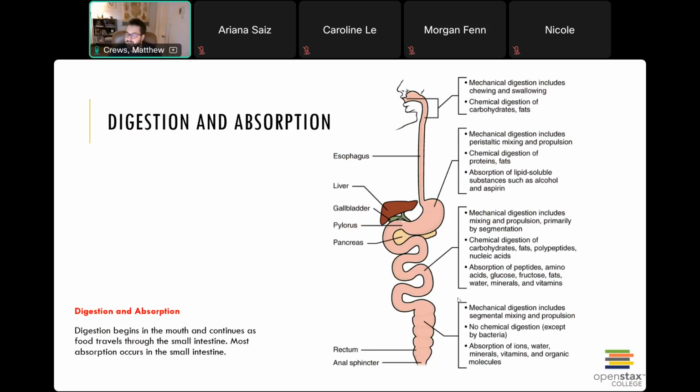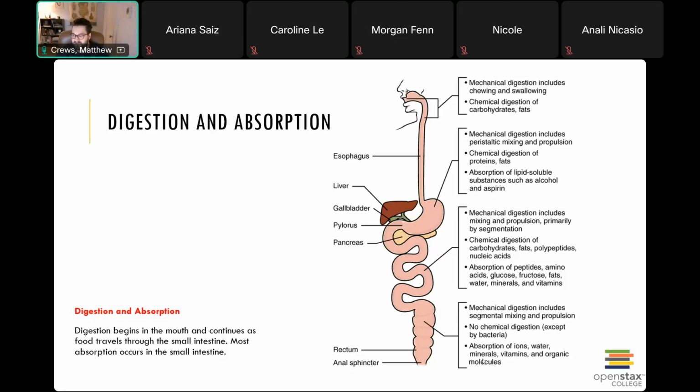Okay. From there, we move to the large intestine, and mechanical digestion includes segmental mixing and propulsion. So a little bit more of the segmental mixing. There's no chemical digestion except for bacteria. Good gut health, right? But you're mostly absorbing ions, waters, minerals, vitamins, organic molecules.